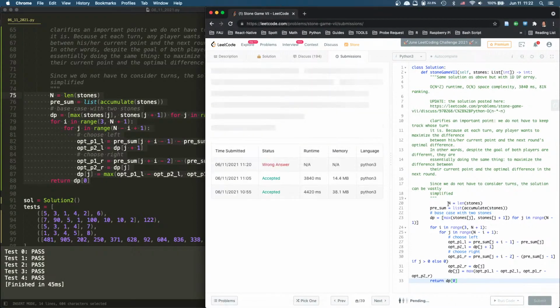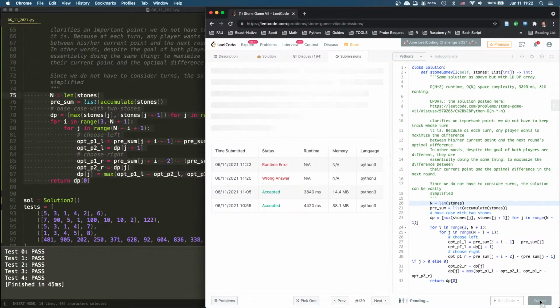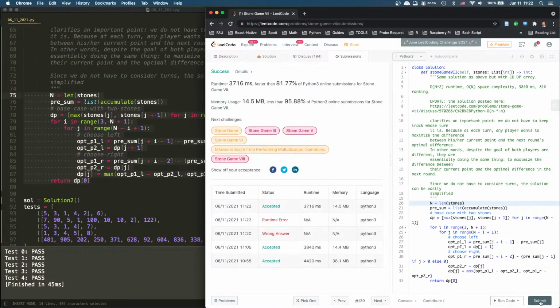Oh no! This one is not in the right position. Unexpected indent. I think it'll be faster. Well, I got fewer things to handle, so I hope. Yeah, it is faster. Slightly faster. All right. I think that shall be it.